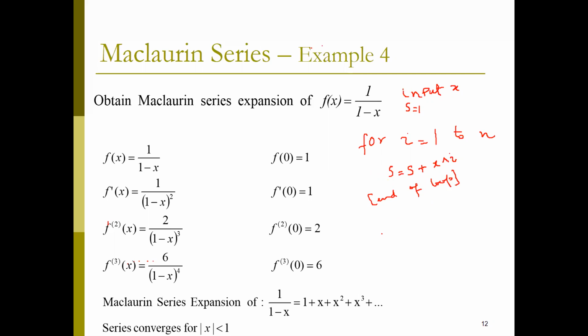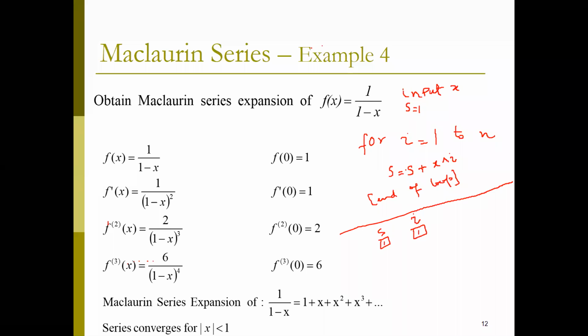You can determine this if I run the algorithm. Suppose the value of s is 1, and the value of I initially will be 1. The first term becomes what? S is equal to s plus x raised to the power I. X raised to the power I means x raised to the power 1.